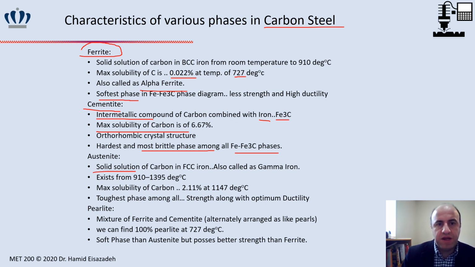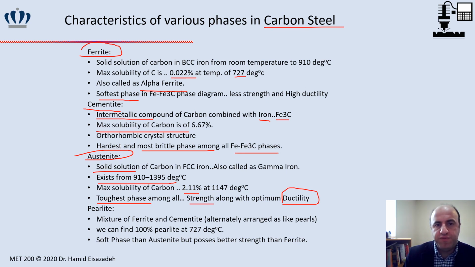It's not stable at room temperature. It mostly exists between 900 degrees Celsius up to 1300 degrees Celsius. The maximum solubility of carbon in this phase is 2.11%, which happens at 1100 degrees Celsius. It's a very tough phase. Strength is high, and it has a good amount of ductility.